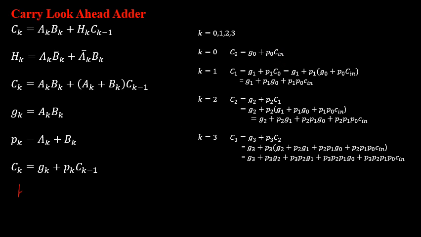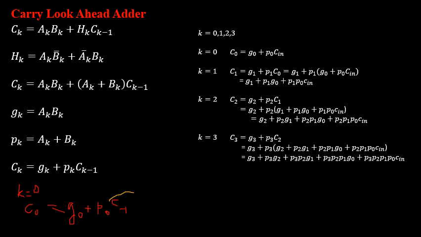If I consider the value of k equal to 0 in this expression, it will be C0 equal to G0 plus P0 into C0 minus 1, which gives the value minus 1.